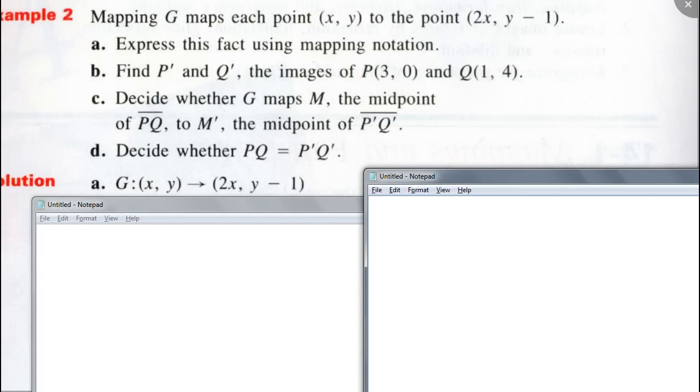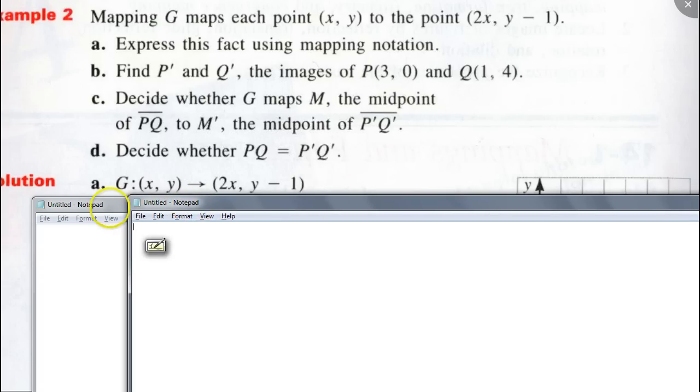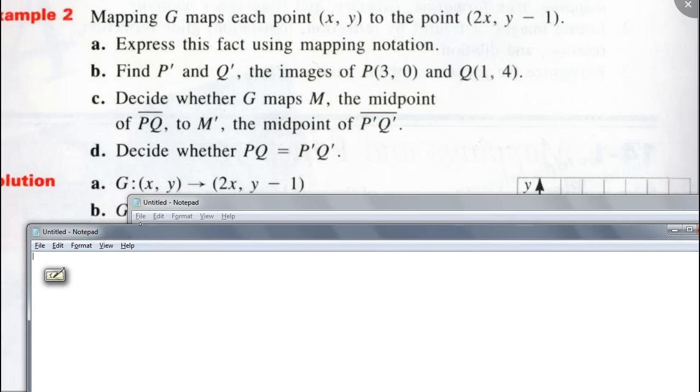So to find the image of P, which is 3, 0, Brandon, what would you do? You would multiply 3 by 2 and then subtract 1.